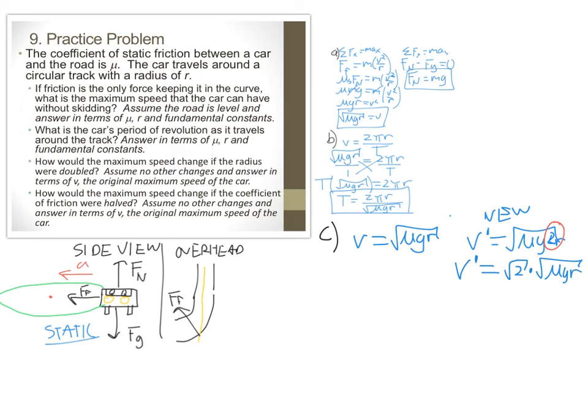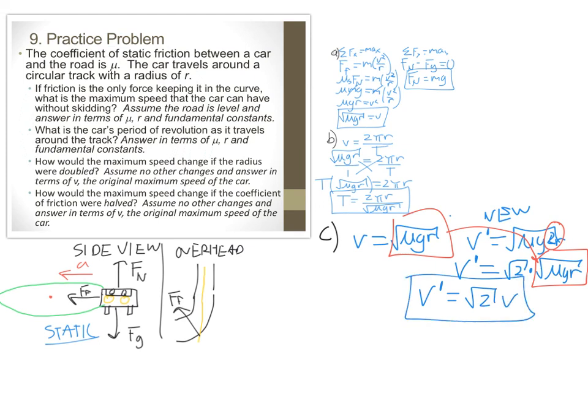That's perfectly fine to write. We're simply multiplying those things together, and we can split them into 2 roots like we just did there. And when I do that, I see that this and this are the same, so I can just substitute that in, and I get that my new velocity would be root 2 times my original velocity v.